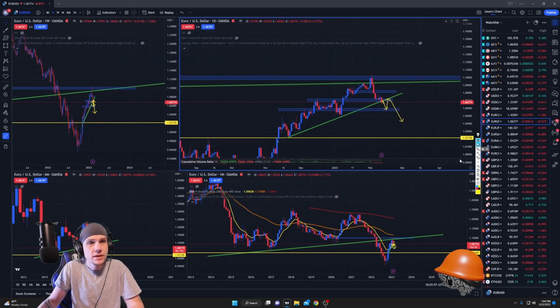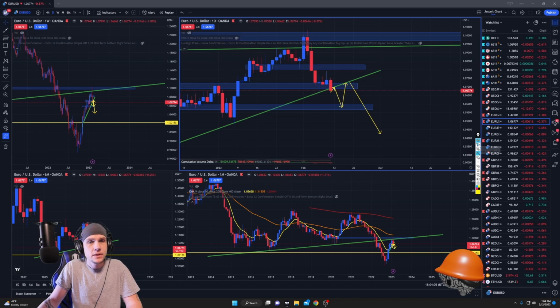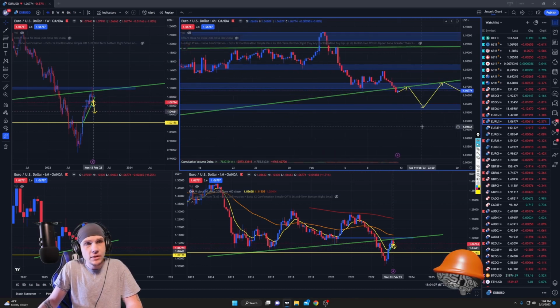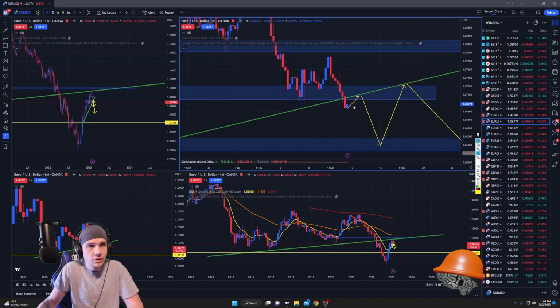Euro USD. Here's an interesting one because whatever happens on Friday usually continues on Monday. And Friday was extremely slow and down to the downside, especially towards the afternoon. So I'm thinking maybe we get our first test of this broken support trend line, Sunday night into Monday, and then Monday we make this move down into this area of support possibly, and then we come back up.